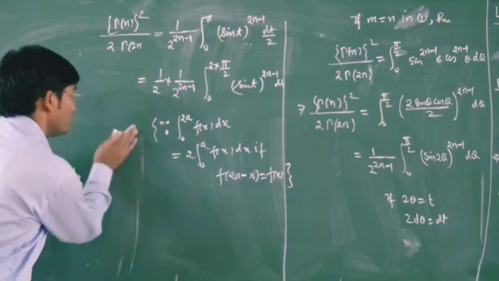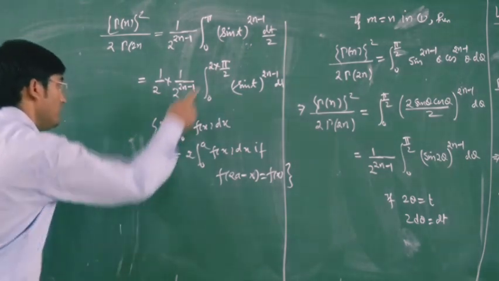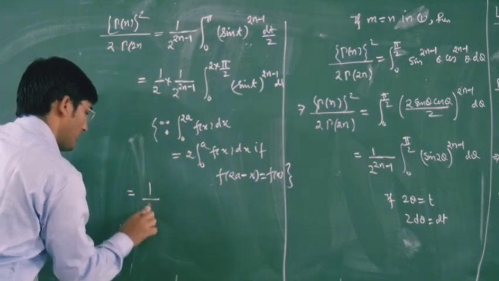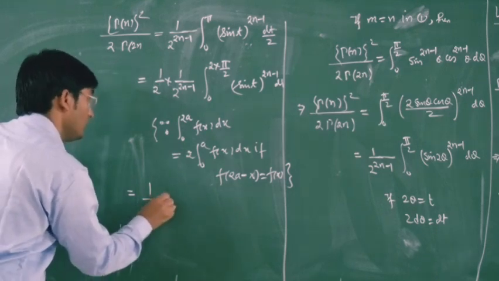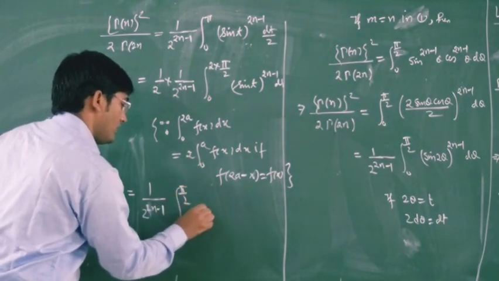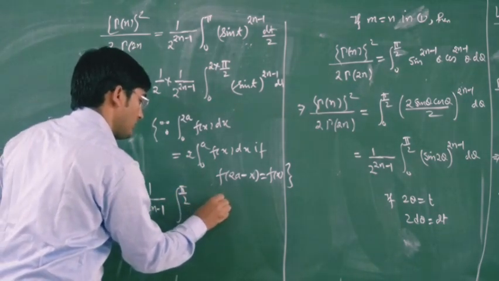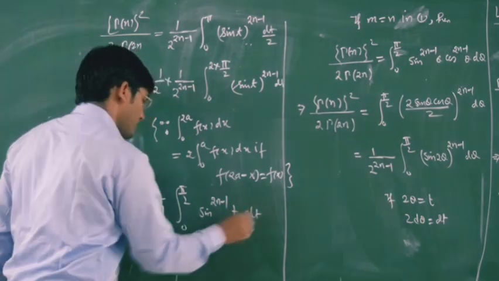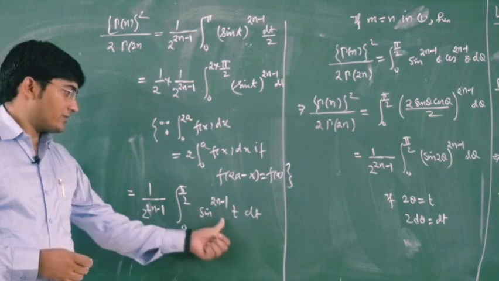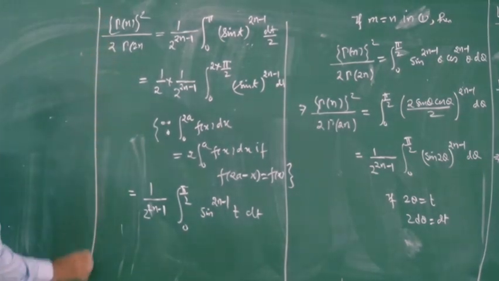So your right hand side will be equal to, if you take this 2 outside, then this will get cancelled. So we have 2 power 2n minus 1 into the integral 0 to pi by 2 of sine 2n minus 1 t dt. Now in a definite integral, if you do not change the limits and the function, then we can change our variable.